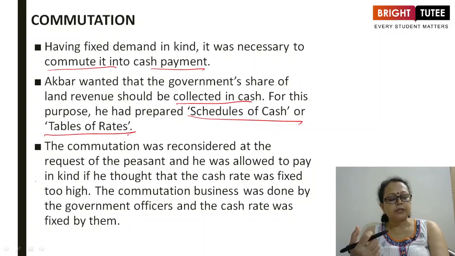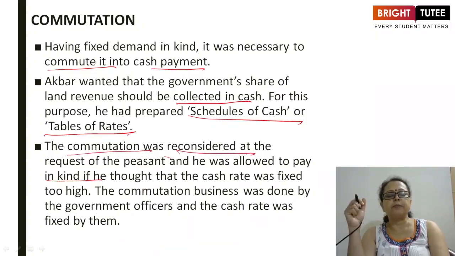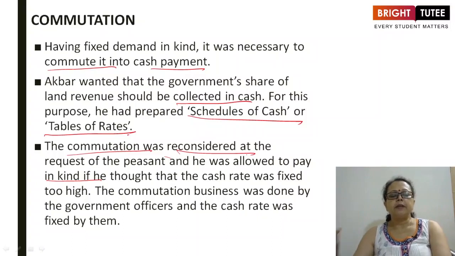At times, the commutation was reconsidered on the request of the peasant, and he was allowed to pay in kind. This is also a provision made by Akbar. If any peasant was not in a position to pay in cash, reconsideration could be done on his request, and he was allowed to pay in kind if he thought that the cash rate fixed was too high.